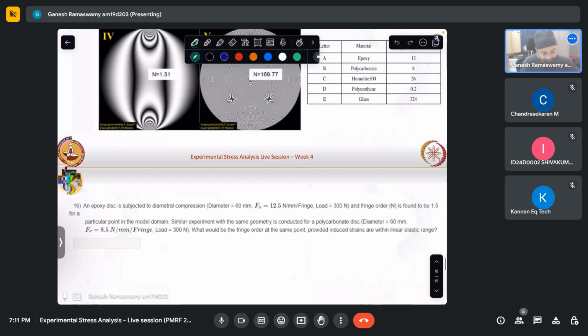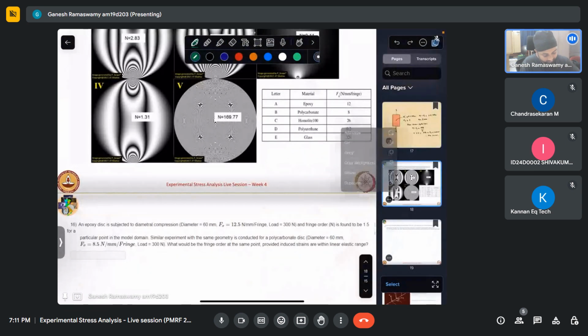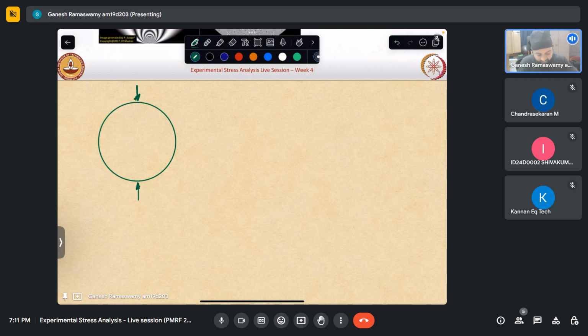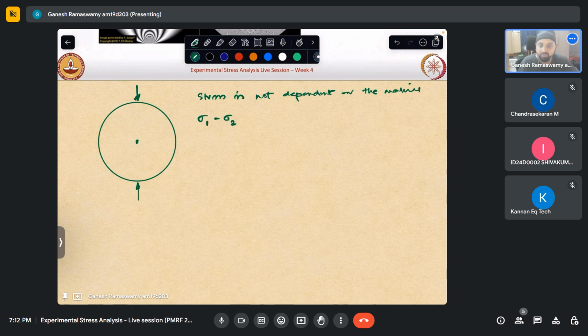Now let us take a look at this. There is a disk and it is loaded under the same condition. Only the material is changed. But we saw that stress is not dependent on the material. In such a case, for any material I take, stress should be the same, which means sigma 1 minus sigma 2 is constant for all disks.